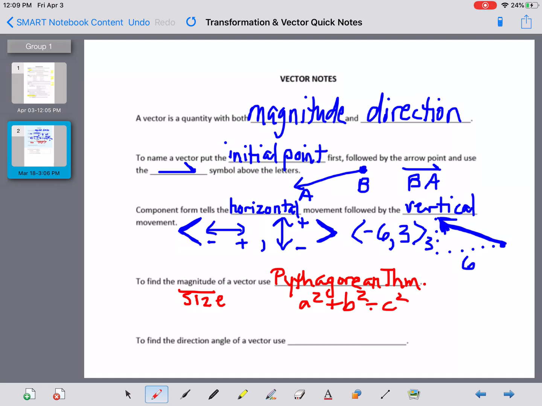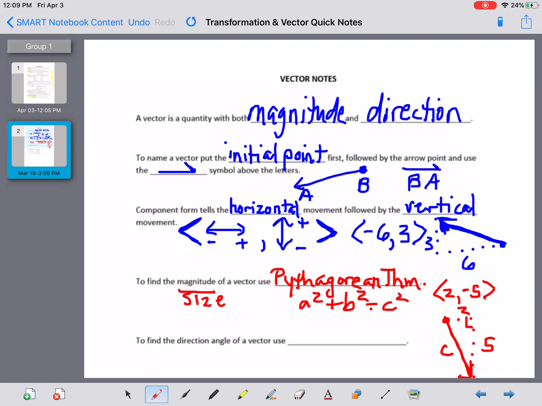So if I have a vector like 2, -5, I start here, I go right 2 and down 5. Here's my vector, and to find its size, this vector is actually this line. That's my c, and I'll do a squared plus b squared equals c squared, because this makes a nice little right triangle.